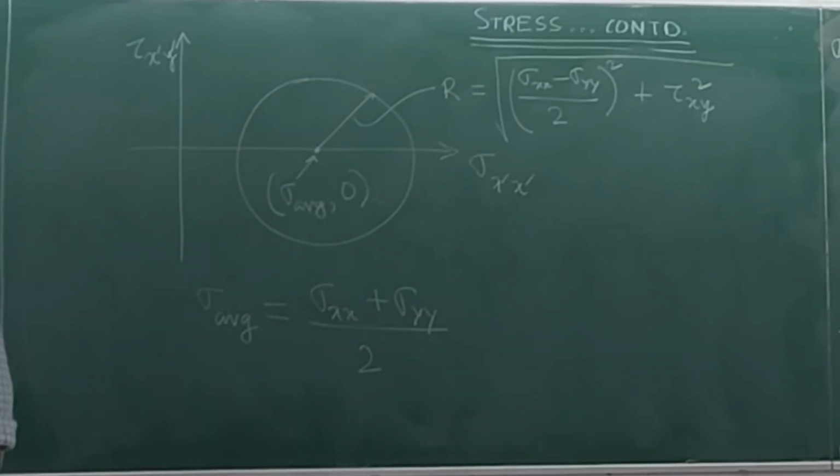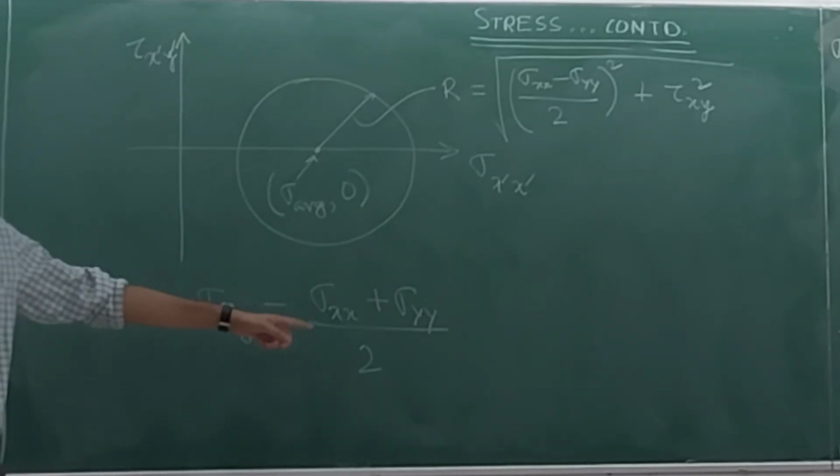However, one important point to note: in every book of mechanics of materials, Hibbeler, Beer and Johnson, etc., you will find this written as sigma average. But this is sigma average with an asterisk. Suppose you go to the three-dimensional version. What are the normal stress components?